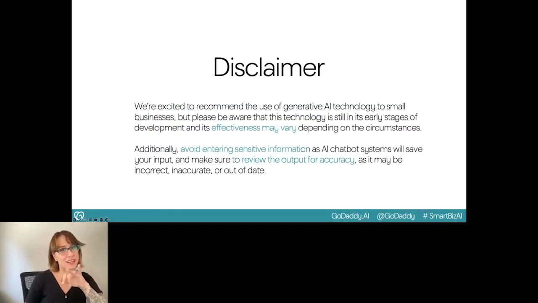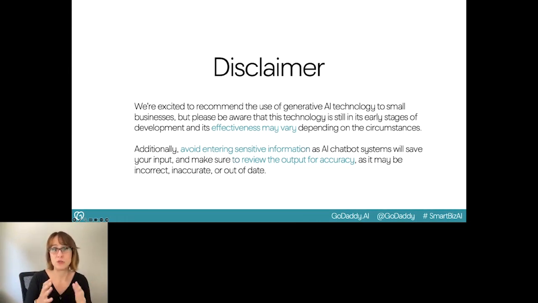The quick disclaimer here is that we are excited to recommend the use of generative AI, but of course it is experimental. Please be aware that it's just in its early stages and the effectiveness definitely varies. So you want to avoid entering sensitive information. Everything you enter into these tools can be used to train the models, can potentially be breached. Just be very careful you're not putting anything sensitive in there.